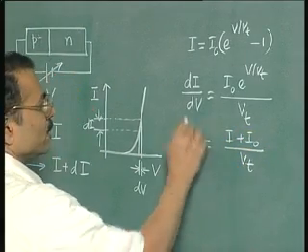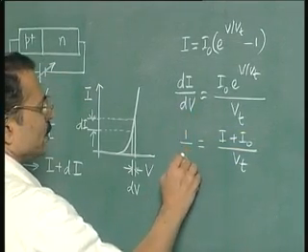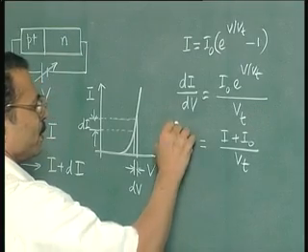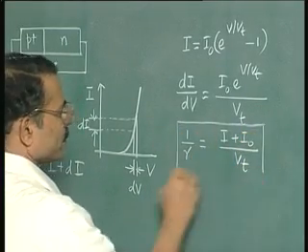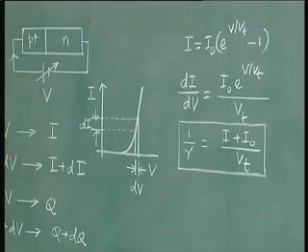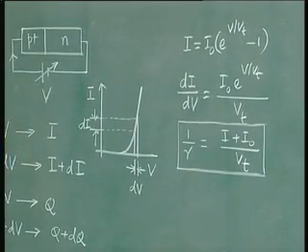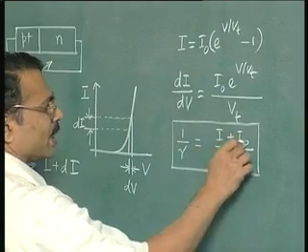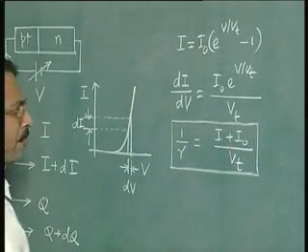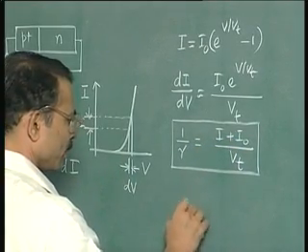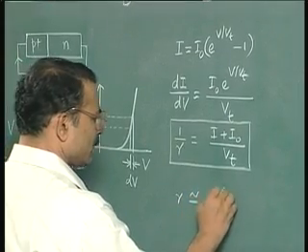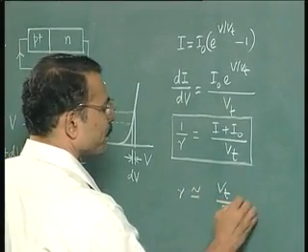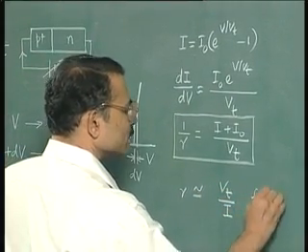So dI by dV is nothing but 1 by small signal resistance R. So this is the formula for small signal resistance. Now for forward bias, generally the current I is much greater than I naught. So we can write R is approximately equal to Vt by I for forward bias.